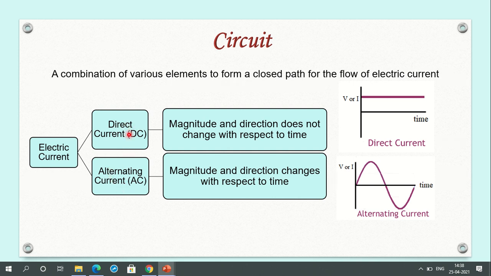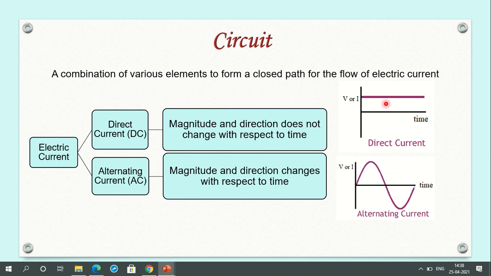Direct current is that current whose magnitude and direction does not change with respect to time. So for direct current, the magnitude and direction does not change. That is, it always remains constant. Irrespective of the time, the magnitude and direction of the current always remains constant.